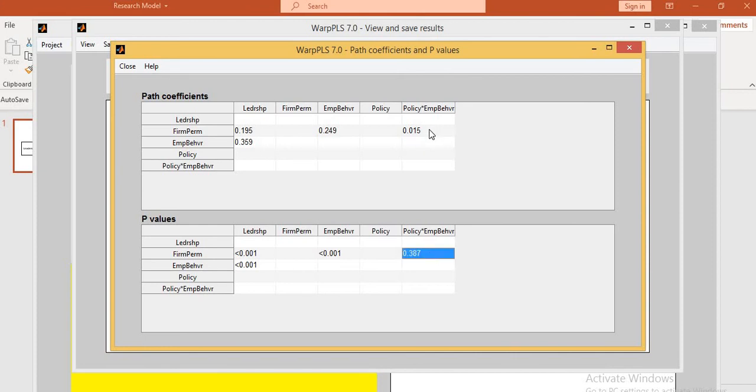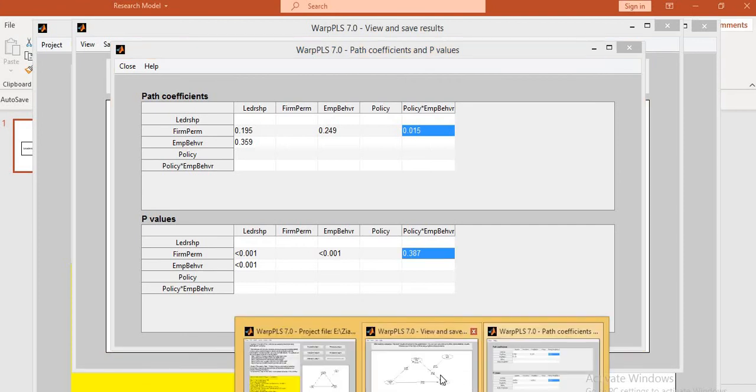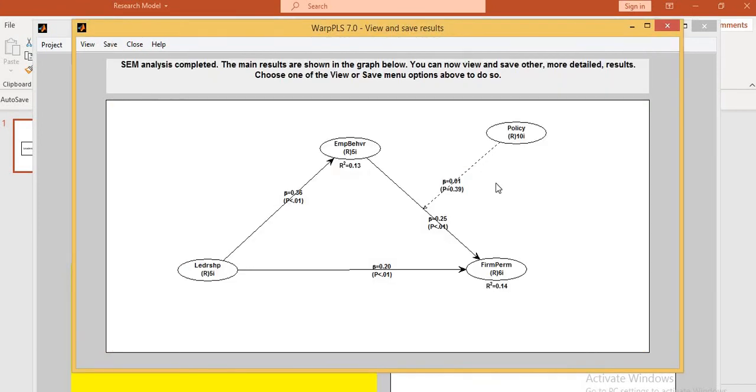Look at this. Earlier, the moderated effect of the interaction of policy and leadership was significant on employee behavior, but the interaction effect of policy and employee behavior is insignificant in this structural equation model, which we have changed now. So this is the change.